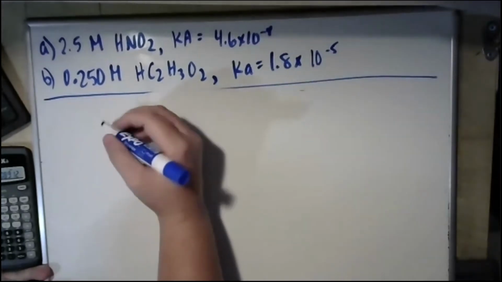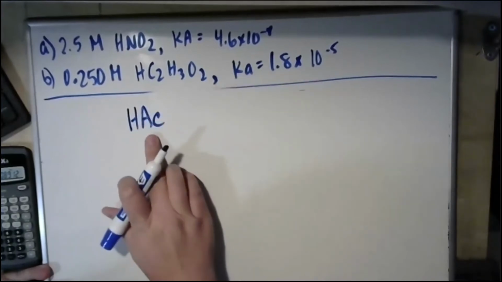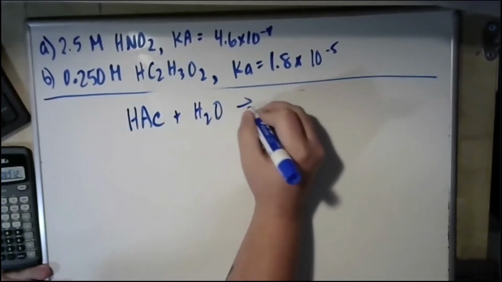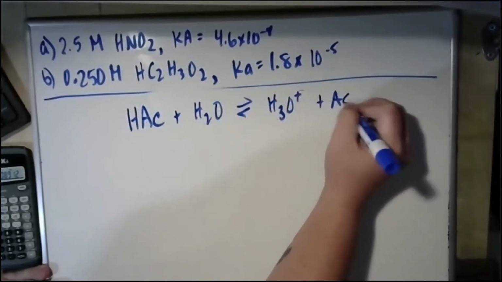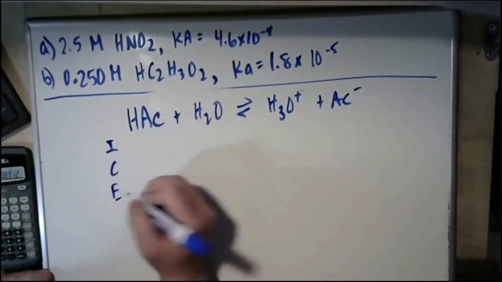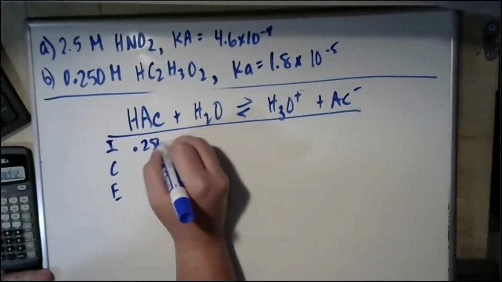All right, so we have acetic acid that I'm going to represent like this, plus H2O gives me H3O plus and my acetate ion. The initial concentration will be 0.250 molar.